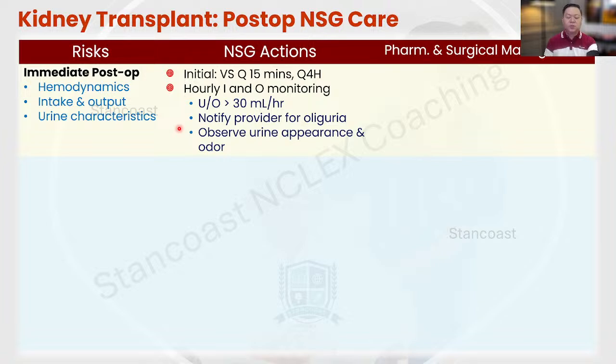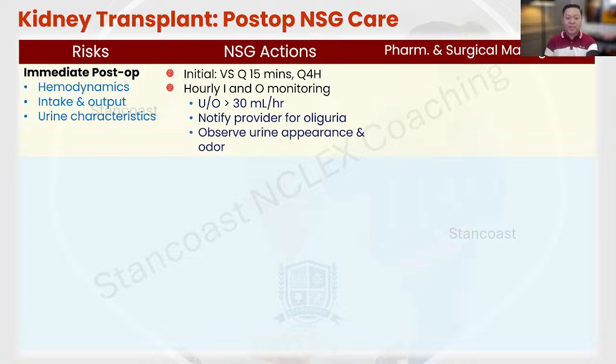So you have to also check on the urinary appearance. Make sure that you have at least a documentation of what the color of the urine is right after you receive the patient. Is it bright red? Is it pinkish? Is it kind of just blood tinged? Or maybe it was light pink when you received the patient, but 30 minutes later on it went to a bright red.